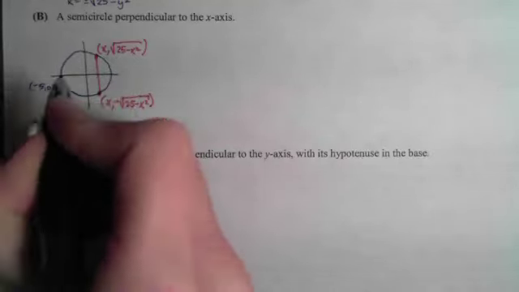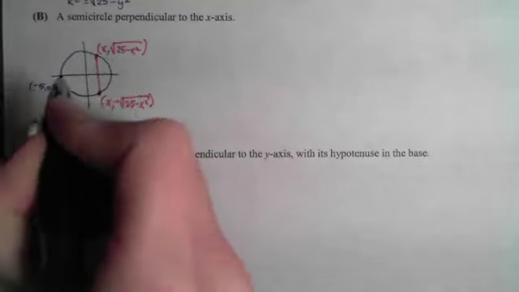And now we're going to draw our sample slice. Our sample slice has this length as its diameter, and then we're building a semicircle off of it. So the volume of that slice will involve the thickness dx and the length of this strip.